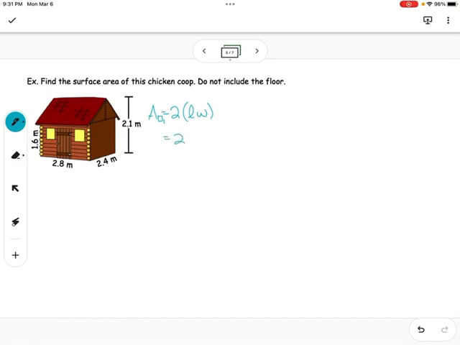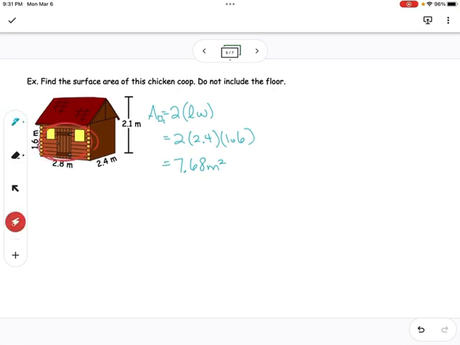So 2 times 2.4 times 1.6. Gives us 7.68 meters squared.